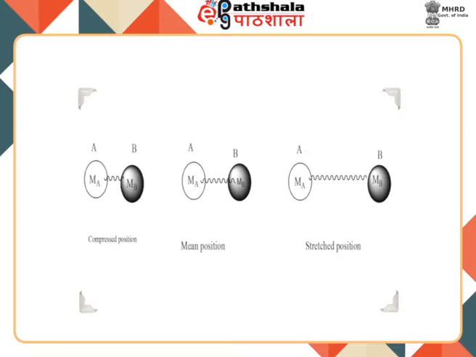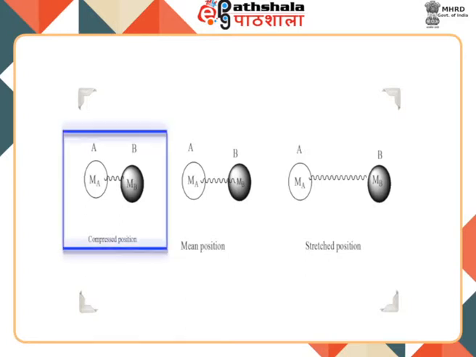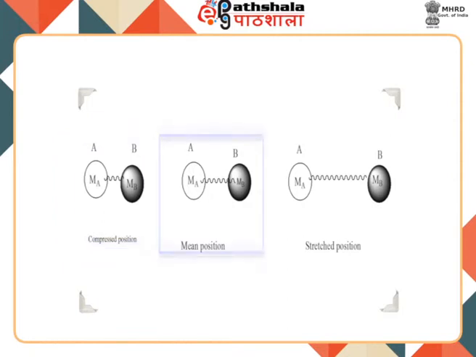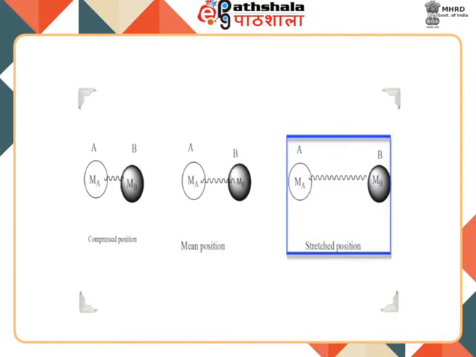In the first case, the molecule AB is in the compressed position. In the second figure, the molecule is at the mean position where the bond length between atom A and atom B is the equilibrium bond length, and in the third figure, the molecule AB is in the stretched position.